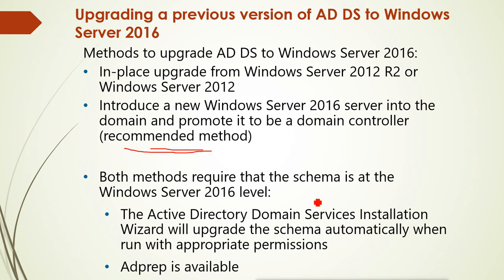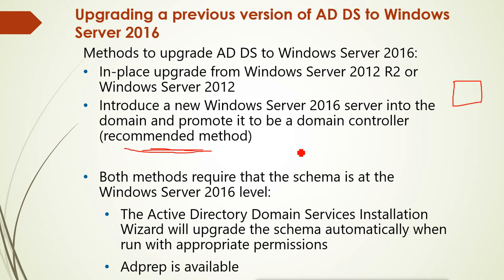Now, with the in-place upgrade, if you have a single server here, you can upgrade it directly to Server 2016, but only if the upgrade path is supported. If the upgrade path is not supported, then we can use this other method.